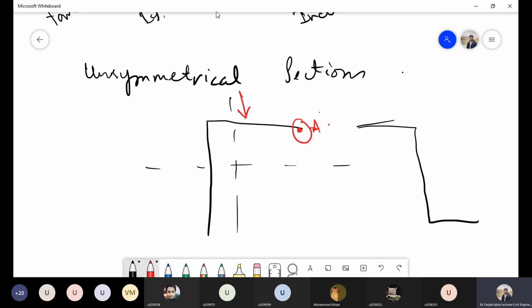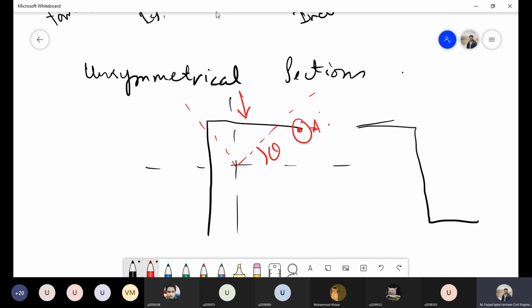In the case of these unsymmetrical sections, our principal axes are somewhat inclined with respect to the original axes. Let's suppose the axis which I have shown with this red line is the principal axis, and the orientation of this axis is angle theta.